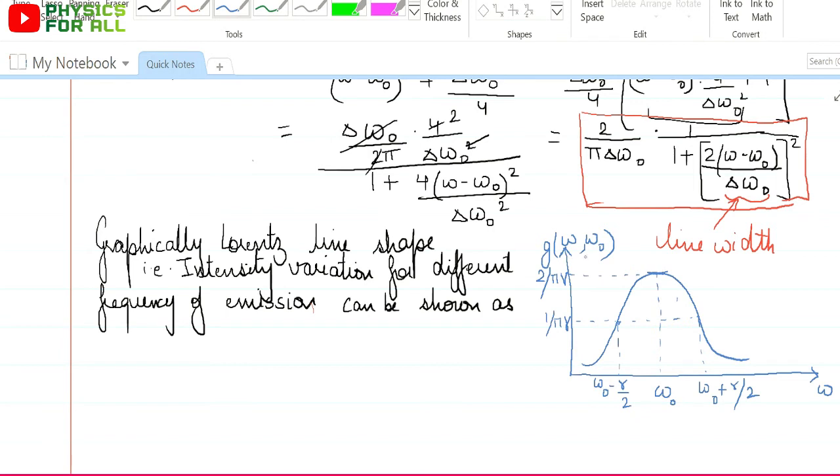First we find g(omega, omega naught) maximum, that is for the maximum height, and then for all the heights we can find the value of g, and also we can find all those different frequencies. Similarly, whatever height, say half of the maximum intensity, then you can do 1/3, you can do 3/4.